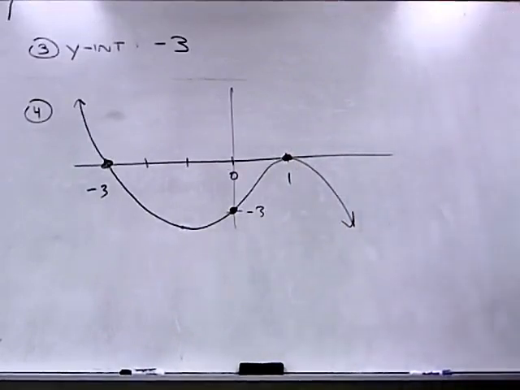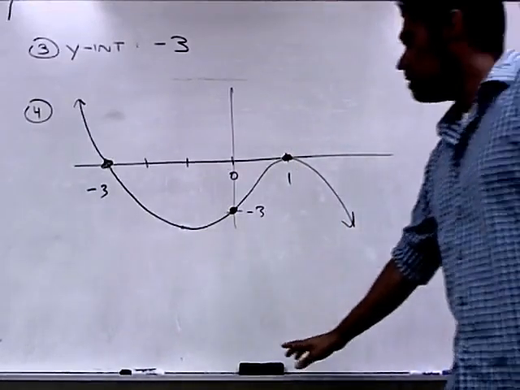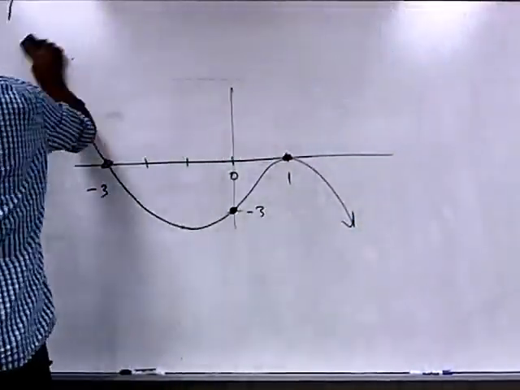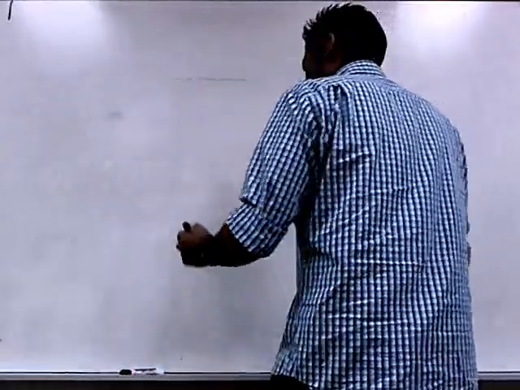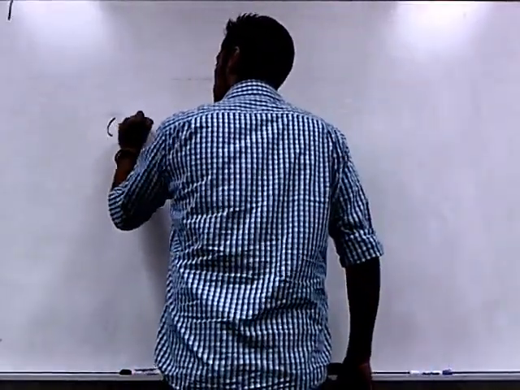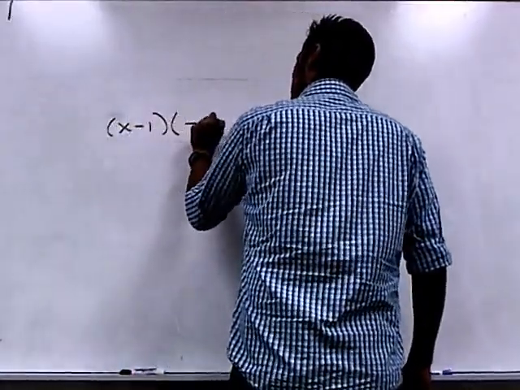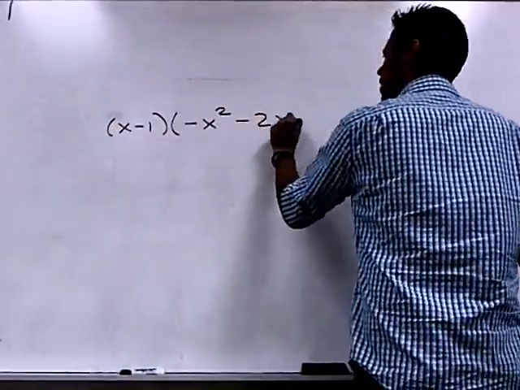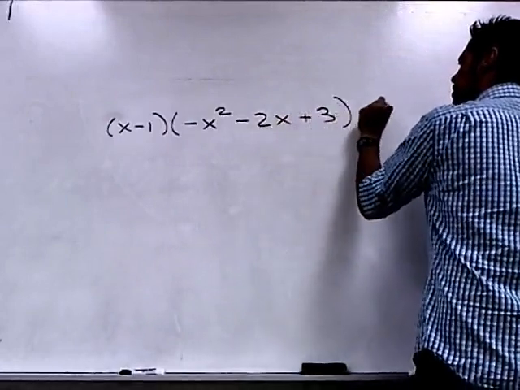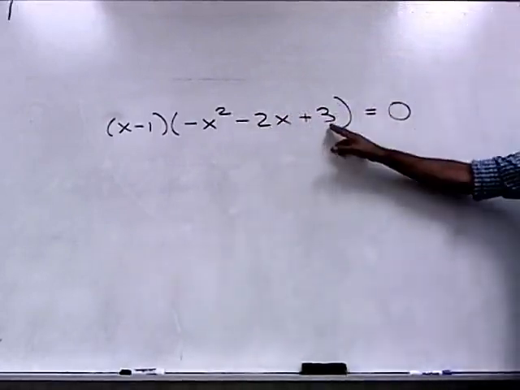Okay, now let me get back to where some people may have got hung up a little bit. And this is really important to see this. We were at a point where we had x minus 1, and then it was negative x squared minus 2x plus 3, right? Equals 0. Now, did you use AC method on this? Yeah.